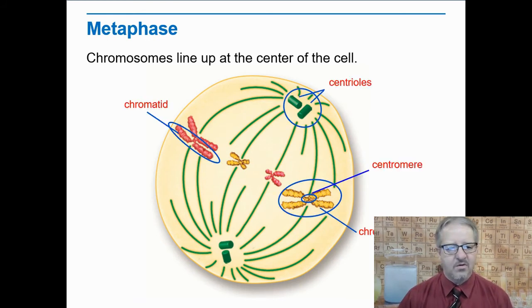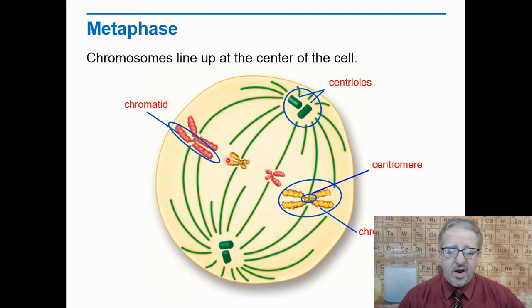So again, this is one chromatid, and this would be another chromatid, the one that's not circled. And so we call those sister chromatids. We've got the centrioles putting out the spindle fibers. We've got the centromere at the center of the chromosome, and those spindle fibers, again, are going to attach.